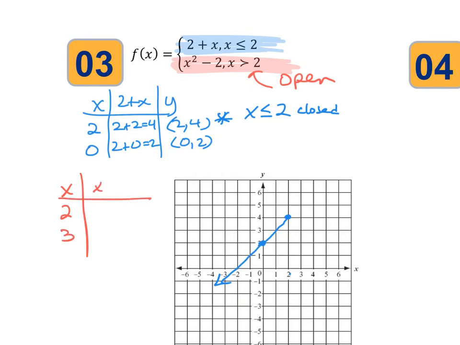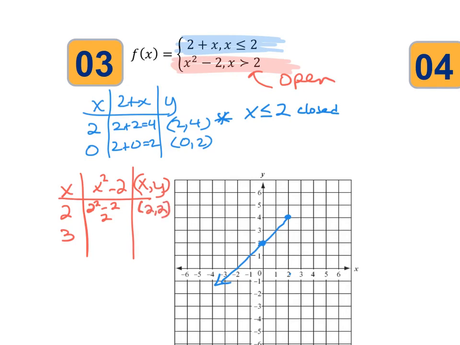You can pick whatever you want. Now, notice this time it's an x squared, so when I connect my points, I need to make it kind of U-shaped, kind of curved. But it's only going to be part of the U. So if I do 2 squared minus 2, that's 4 minus 2, and I get 2. So I'm going to graph the ordered pair 2, 2.